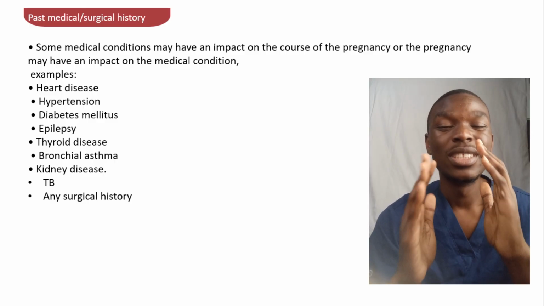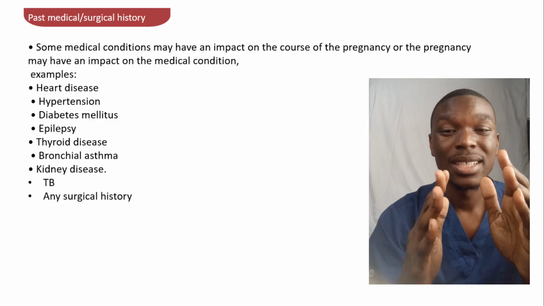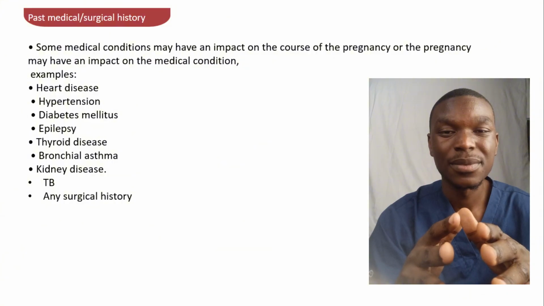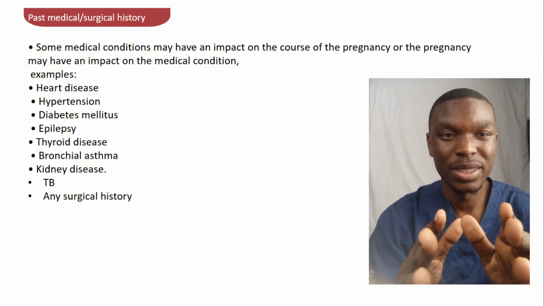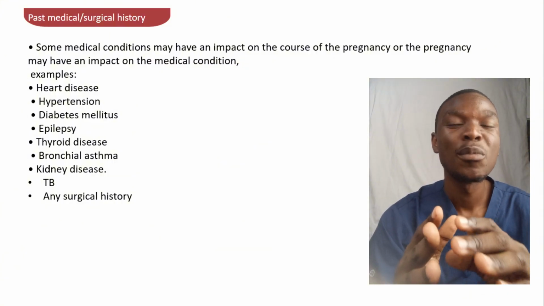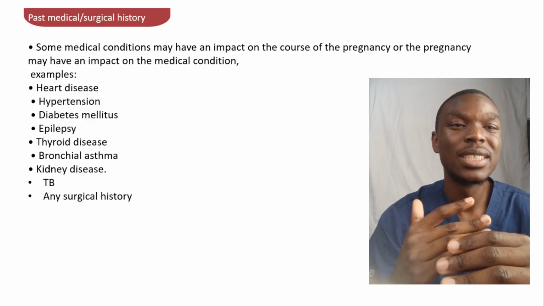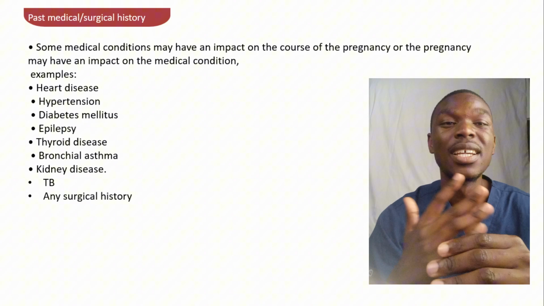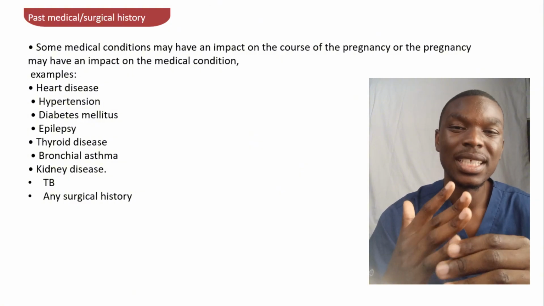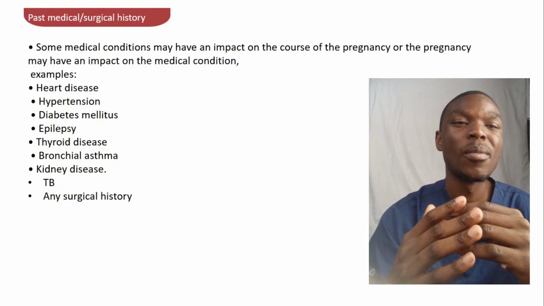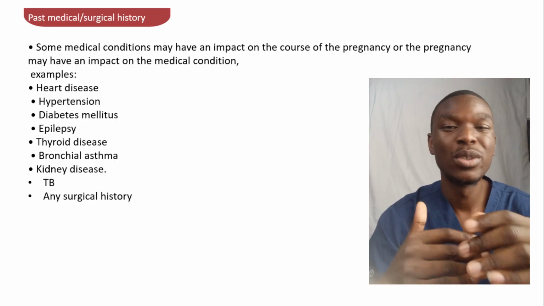So you're asking about conditions that may complicate this pregnancy. Then you move to surgical history. You ask if they have had any surgery before, which may mean cesarean section before.